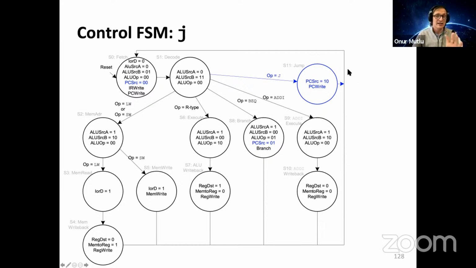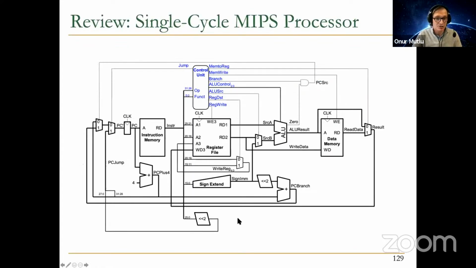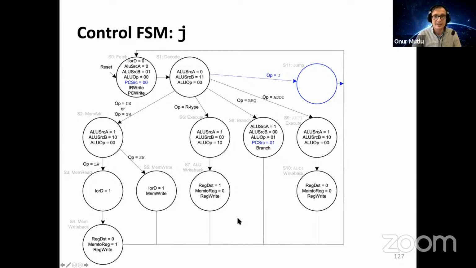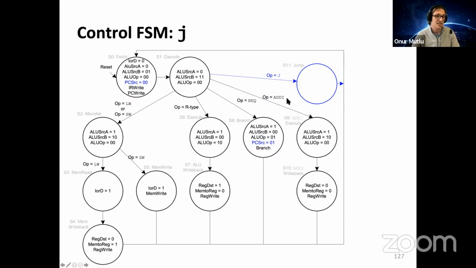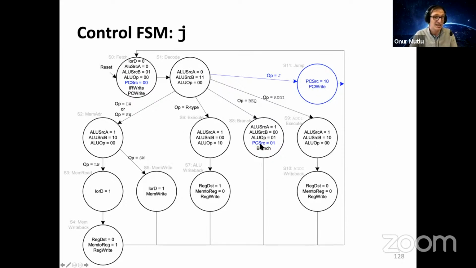You can see that the addition of this state actually affects control signals in other states also, as expected, because you widen one mux. So let me go back actually to this. We're almost done, but basically what I've shown you over here, we've widened this multiplexer. That's why you need to change things. If you want to add another instruction, you need to add states, but you may also need to change the control signals in other states.